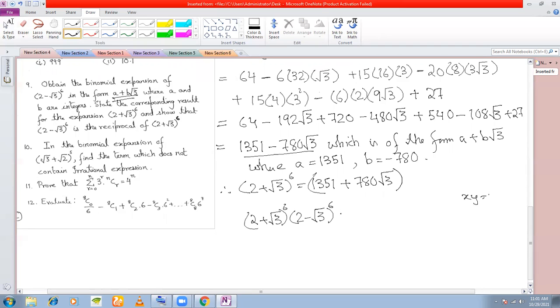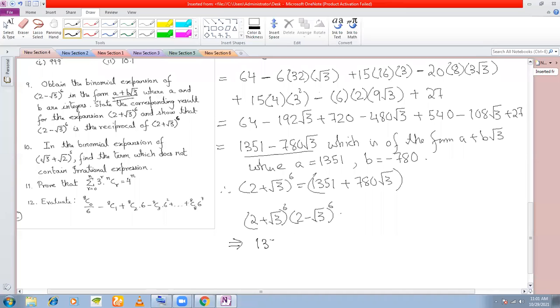If x into y is equal to 1, then obviously x is equal to 1 by y, or y is equal to 1 by x, right? That means x and y are reciprocal of each other. So if I can show that the product is 1, then we can say that they are reciprocal of each other. So let's see what their product is.